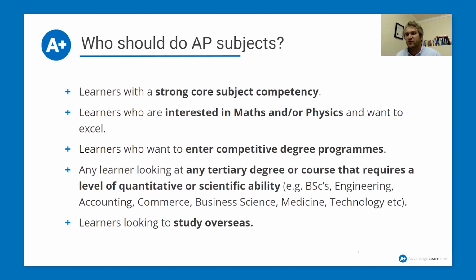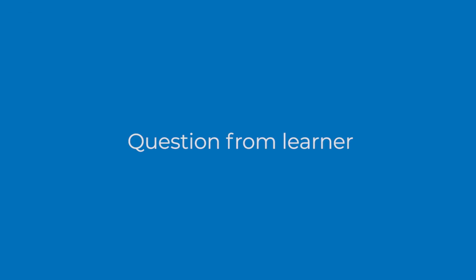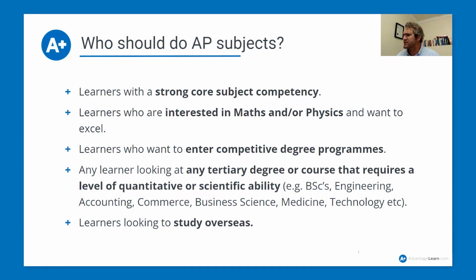I will attend to some aspects of that later on. When you say engineering, does software engineering count? 100%. In software engineering, advanced program mathematics will be incredibly beneficial. Advanced program physics in software engineering, in terms of the concepts that you cover, they don't necessarily correlate one-to-one.